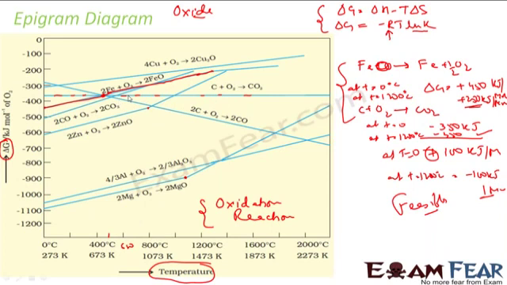If I want to reduce it with some other thing, again I have to find the place where the lines intersect. Maybe if I want to reduce using zinc, then I'll have to use this temperature, because the zinc line and this iron line intersect here at almost 1400 degrees Celsius. So typically you find the intersection. For example, this intersection says that these two reactions will occur at temperatures beyond this.